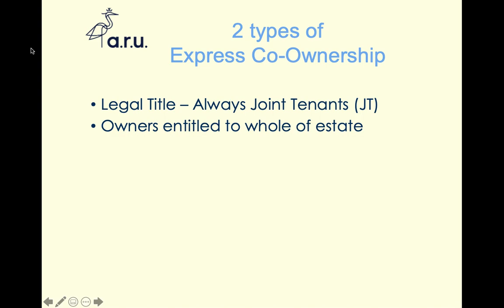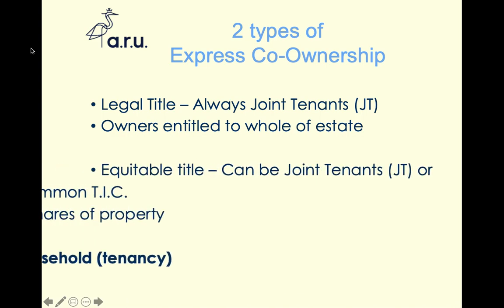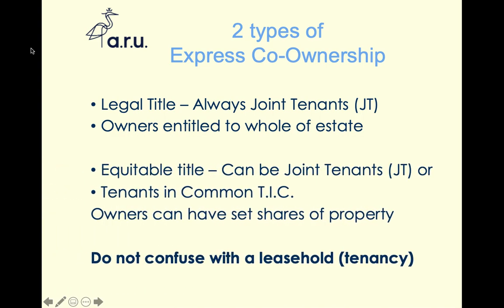However, down in equity, it's possible to refer to them as either a joint tenant, they stay in the brackets as a collective, or as tenants in common. So we're going to look at what those phrases mean in a moment, but I just want you to start to understand that I'm going to be visually representing it in two different ways. Joint tenants will appear in brackets. You'll have A, B, C, D up in brackets.